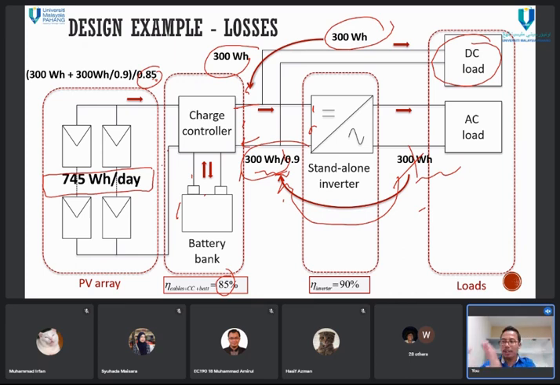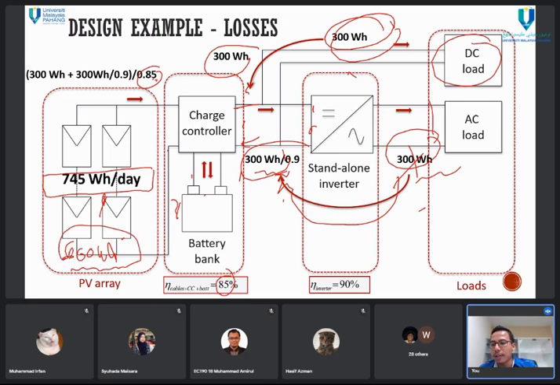Now we know the rating of our PV modules. Our PV modules must at least be able to supply 745 watt hours per day of energy. Originally, like I told you, we need only 300 plus 300. But after considering inverter efficiency and general system efficiency, if you have 600 watt hours of modules, it is not enough.